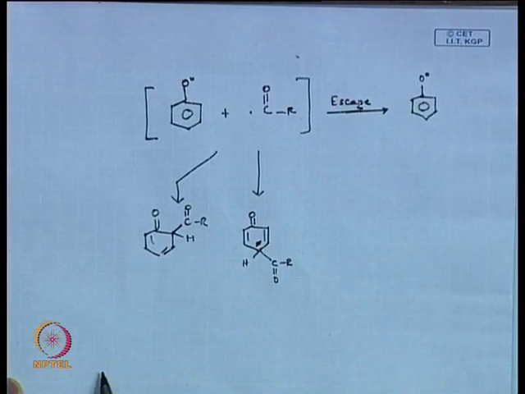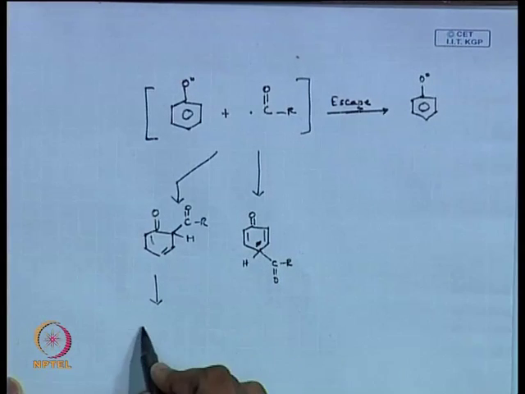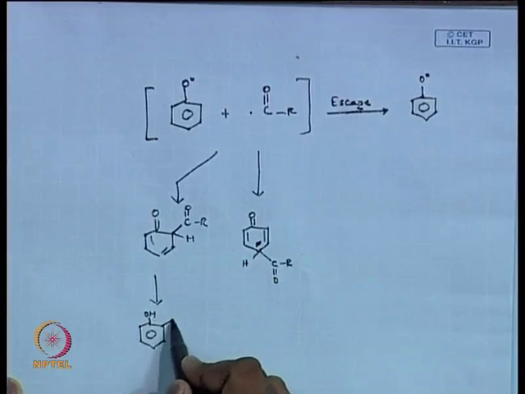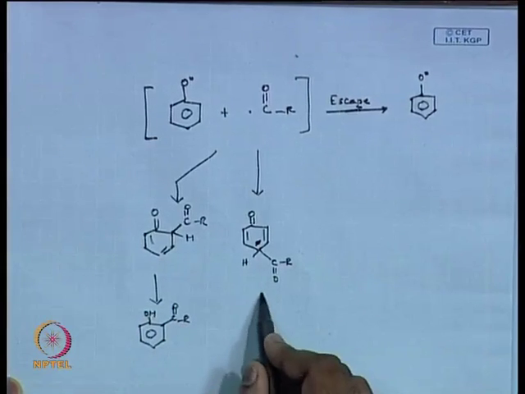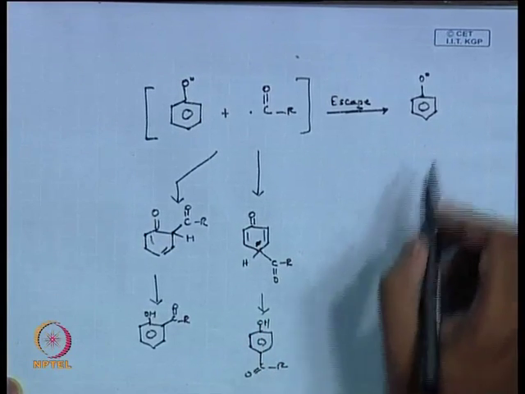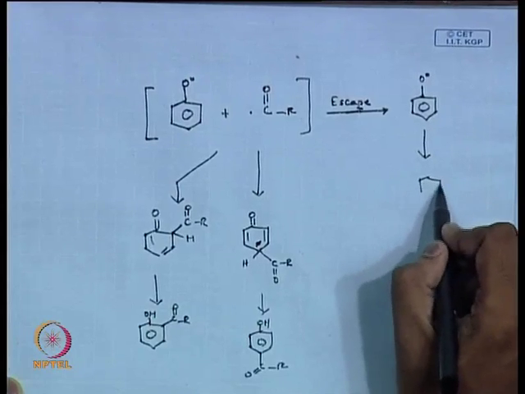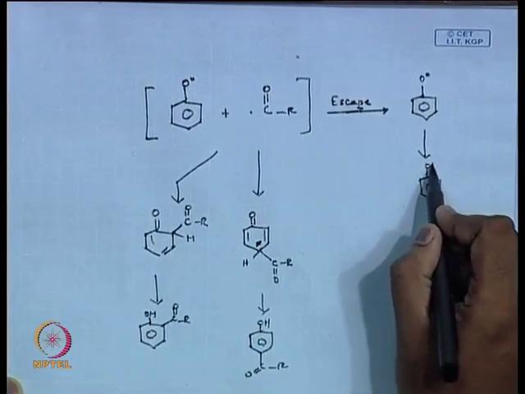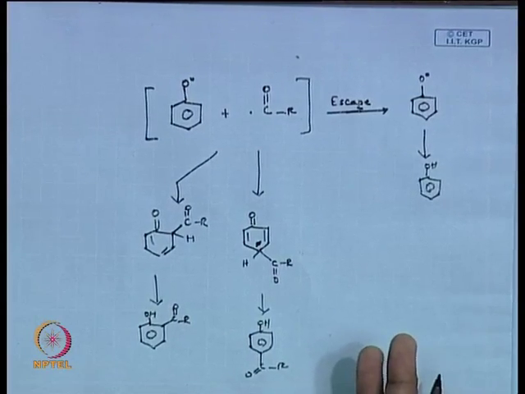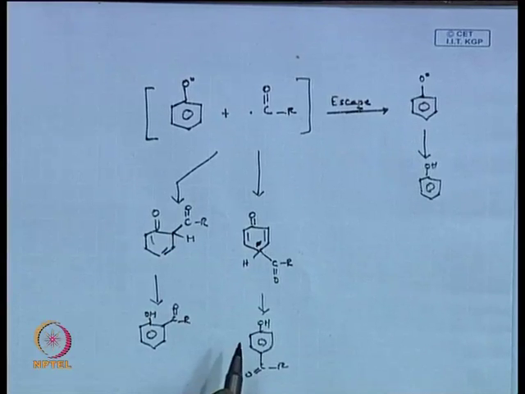This then can give you the products. The only thing you have to remember is that this whole chemistry goes by radicals. In the previous case it was carbocation and this is radical chemistry.